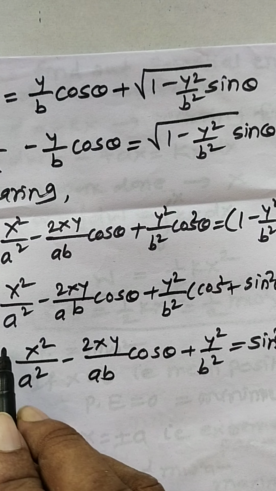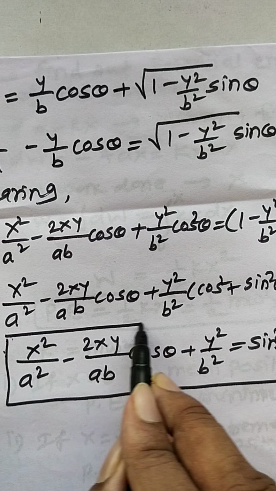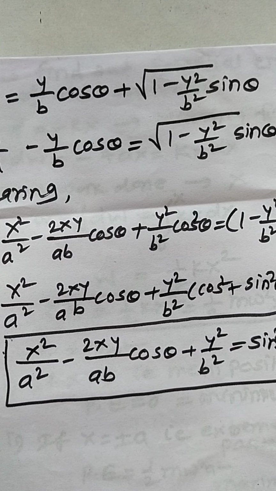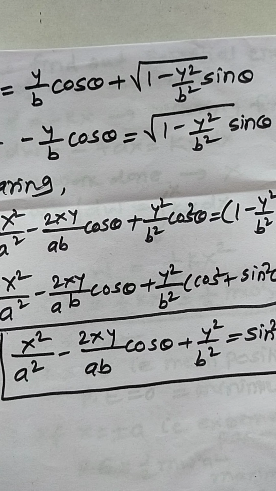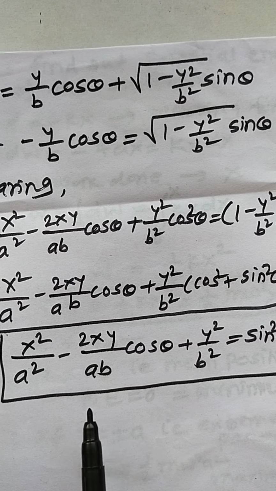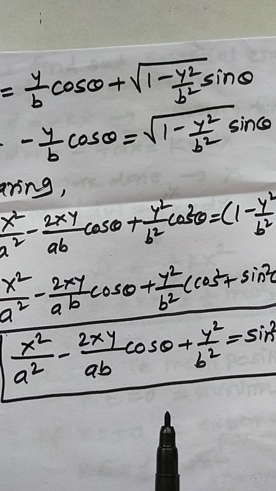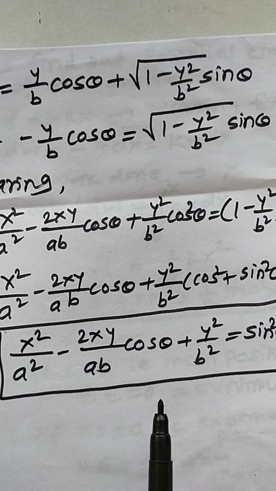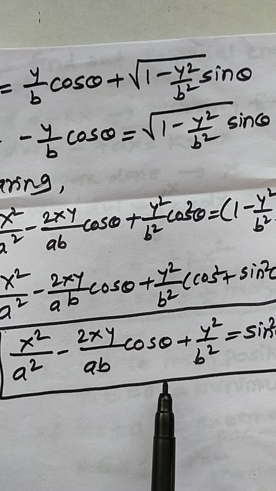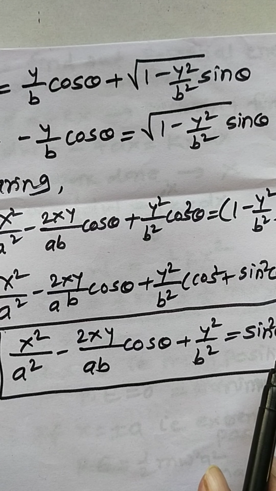This equation represents the resultant motion, and it is a general solution of an ellipse whose axes are inclined to the coordinate axis, and hence the path followed by the particle is in general an ellipse, and the resultant motion is determined by the value of the phase difference, that is theta.